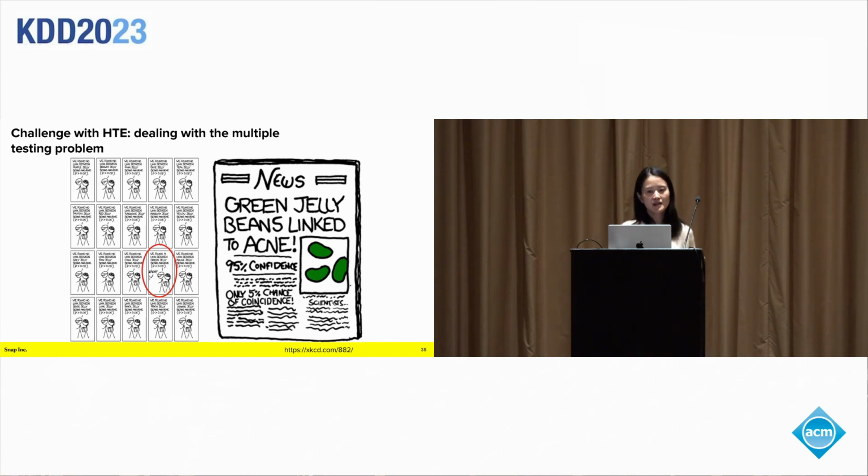And on the day when you take green jelly beans, you have acne. So you conclude that green jelly beans link to acne with statistical significance. This is the multiple testing problem, because even though there is no actual link between acne and green jelly beans, the way you test it can show links with statistical significance.